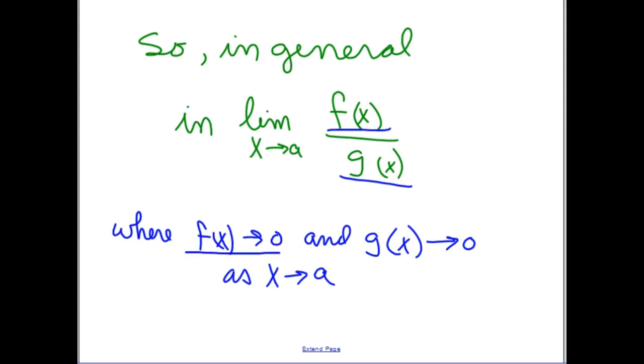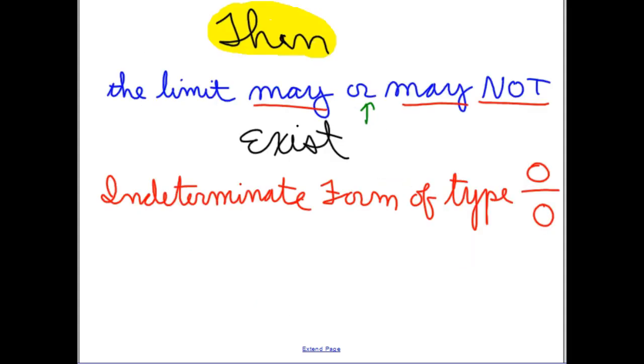If the numerator is approaching 0 and the denominator is approaching 0 as x approaches a, then, and here comes the key phrase, then it may or may not have a limit. The limit may or may not exist. This is what's called an indeterminate form. You cannot determine what the limit is the way it is, because you get 0 over 0.